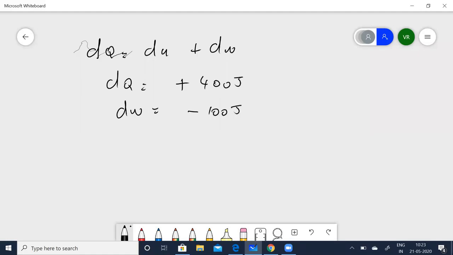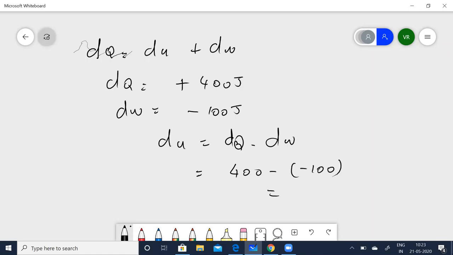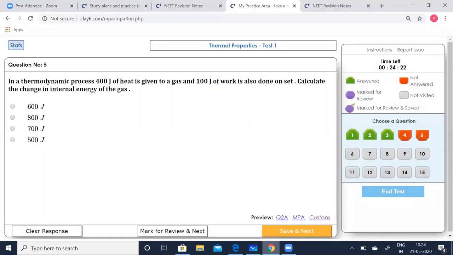So dU is equal to dQ minus dW, which is equal to 400 plus 100, which is equal to plus 500 joules. Let's see which answer is correct. Yeah, the option is correct. Save that. Go to the next.